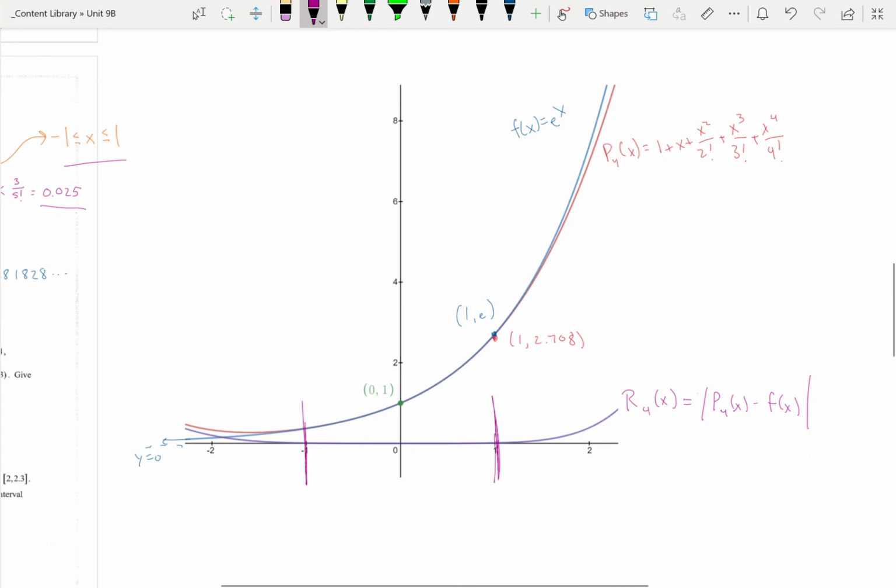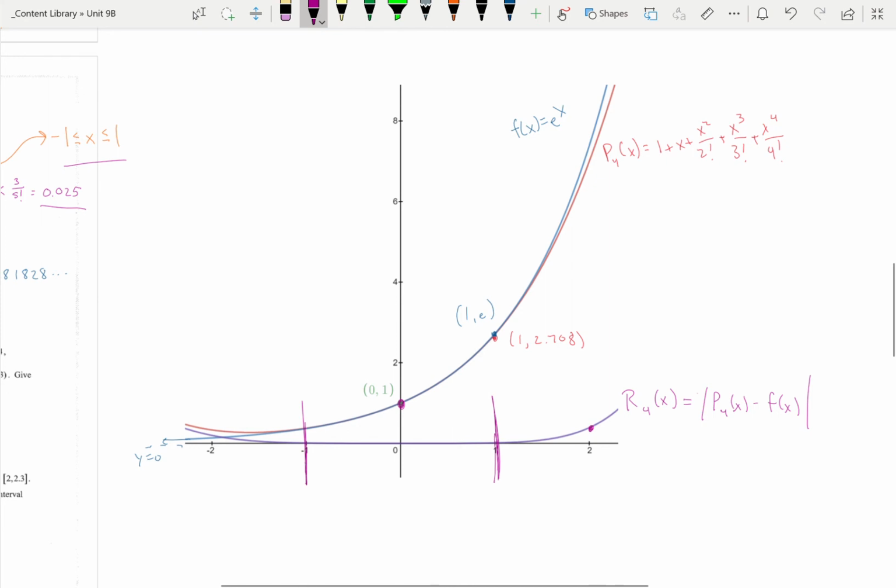Of course, that's not true for all values of x, because the farther away we get from this point right here, 0, 1, that point over which the Taylor polynomial hugs the exponential function, the worse the approximation is going to get. So by the time we get out to x equals 2, for example, the error is noticeably bigger. It might be around 0.5 or so.